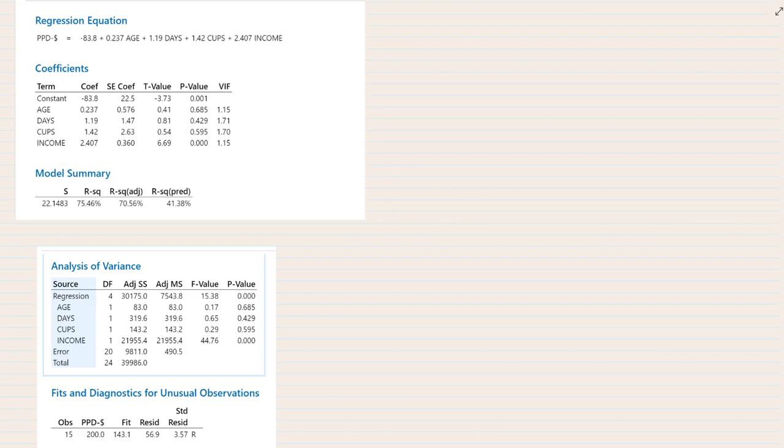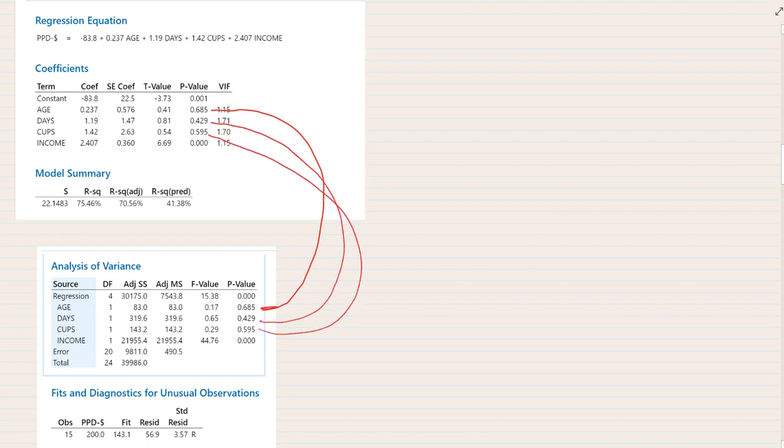Our sources of variability are regression and error. And Minitab actually breaks it down by independent variables. Again, don't worry about these individual numbers. One thing that you will note is interesting is you see this 0.685 goes back up here. 0.429, these are all repeated in here also.